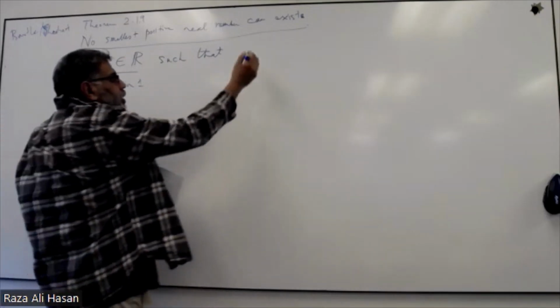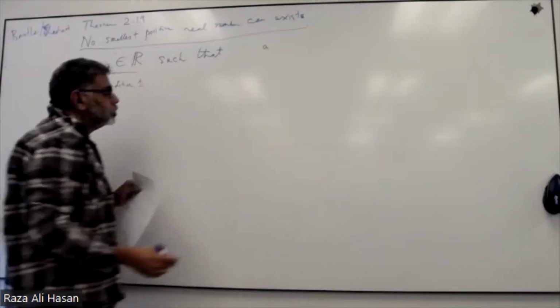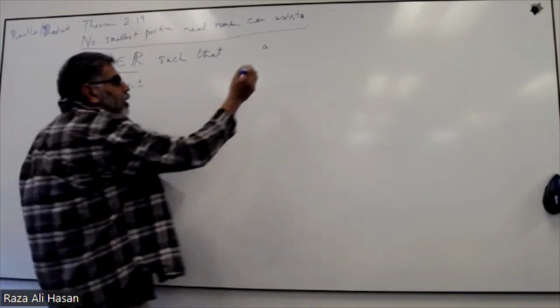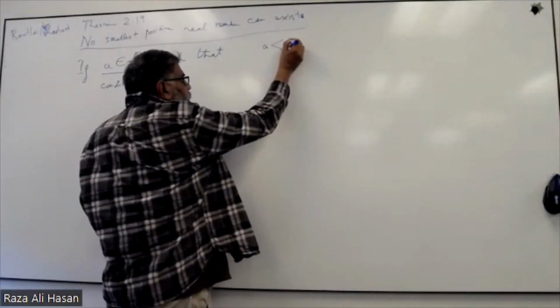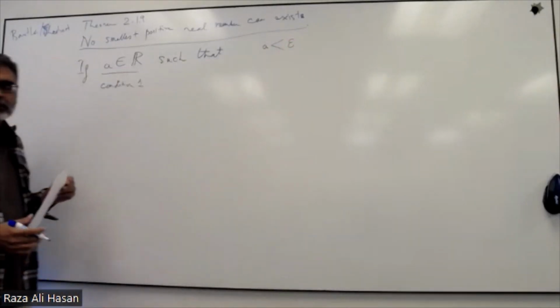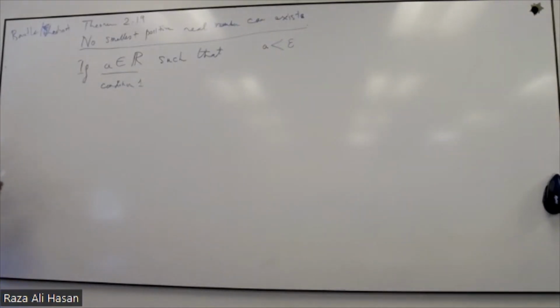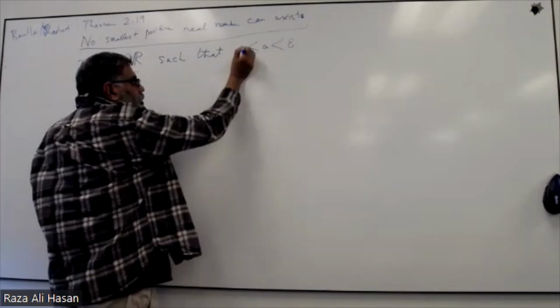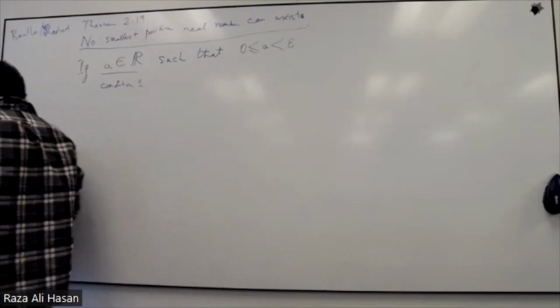If A is a number such that it is less than a positive number epsilon, and it is greater than or equal to 0.